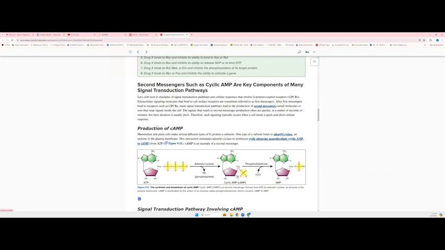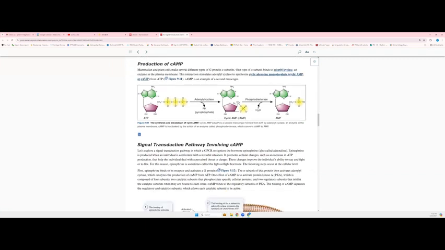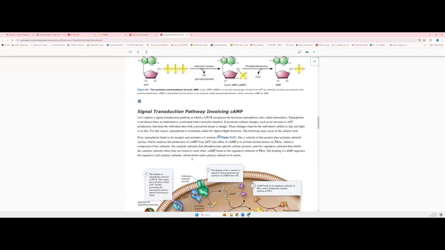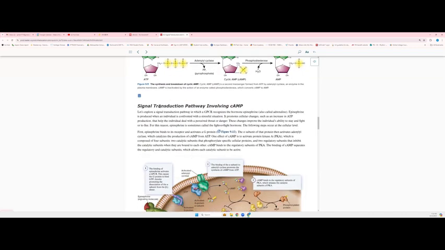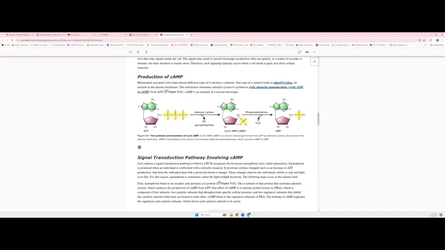Then this is cyclic AMP. So this structure is cAMP. So we'll see how this cAMP will be used further on in the pathway.